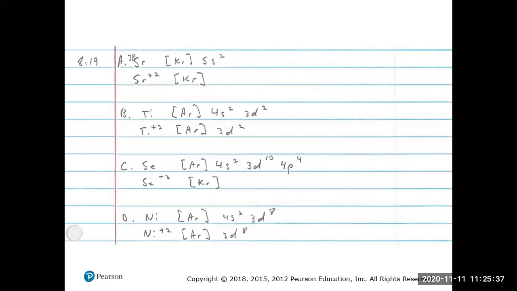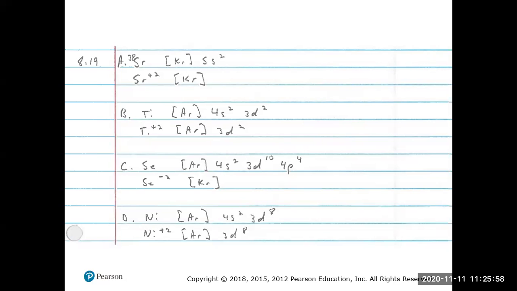The next one, selenium. Once again, we write that noble gas core. Then we have 4s2, 3d10, 4p4. Selenium is picking up 2 electrons, and we know that because there's a -2 charge involved.